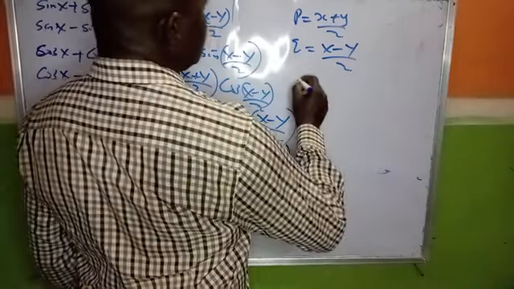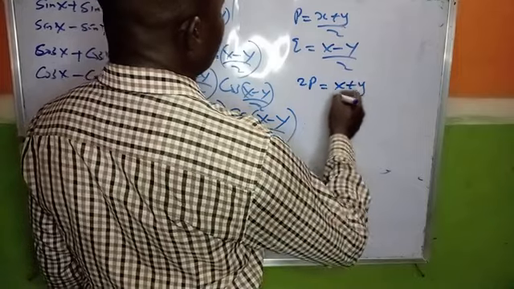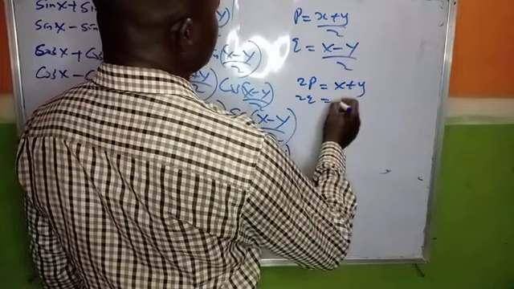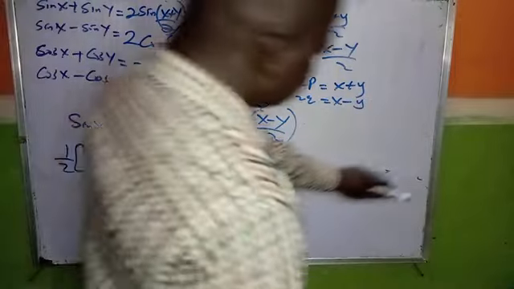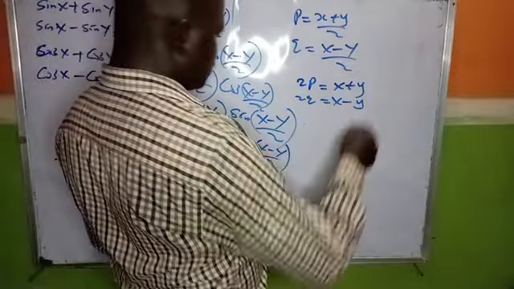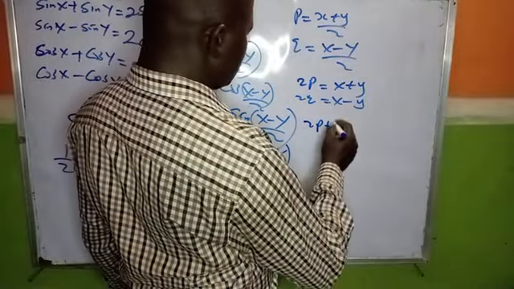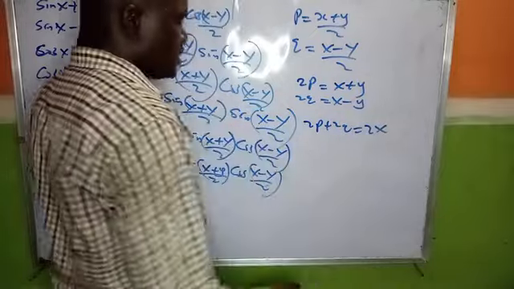So we have 2p equal to x plus y, and 2q equal to x minus y. If you add them together, you are going to have 2p plus 2q equal to 2x, because the y terms will cancel out.